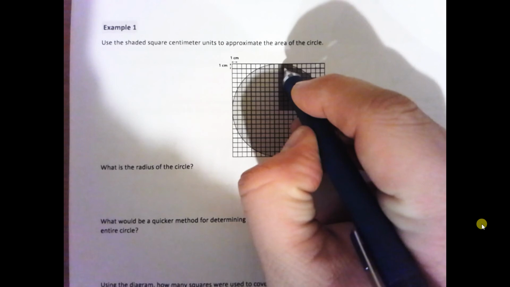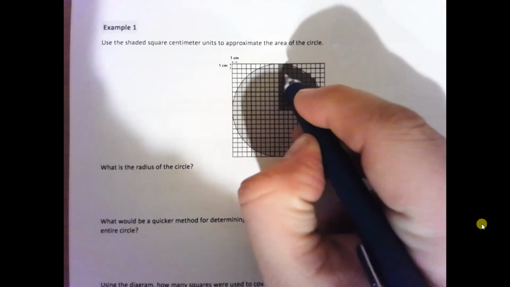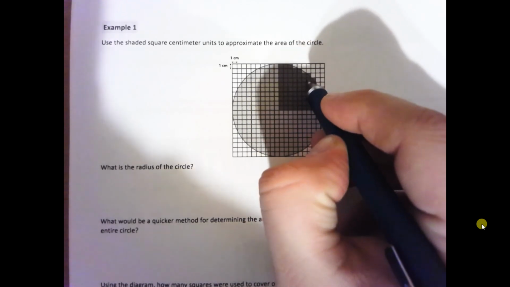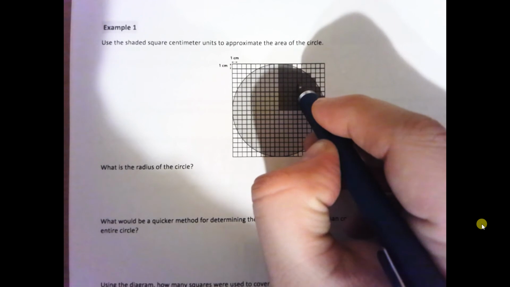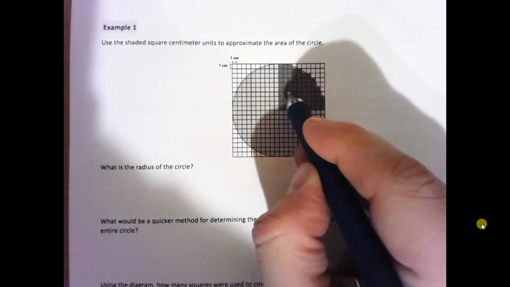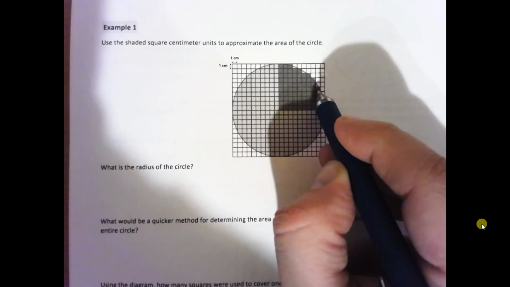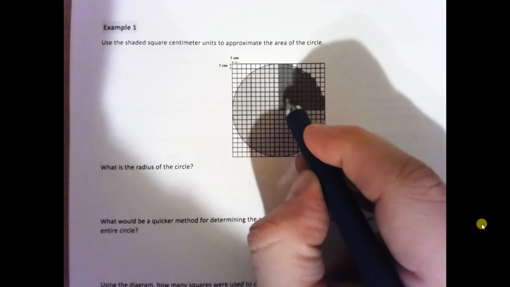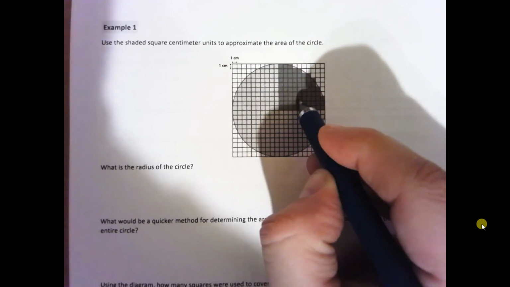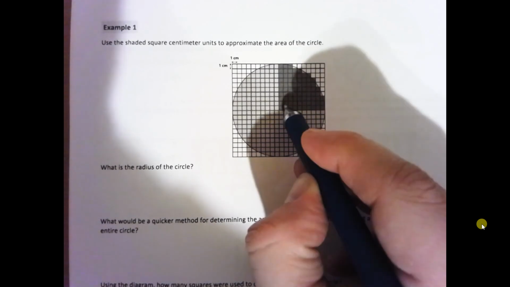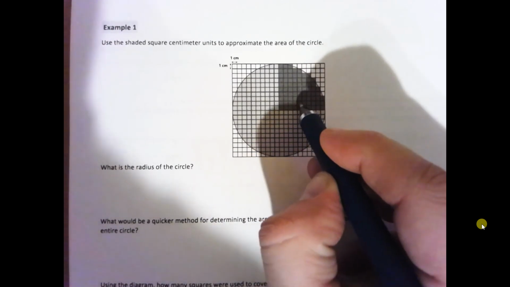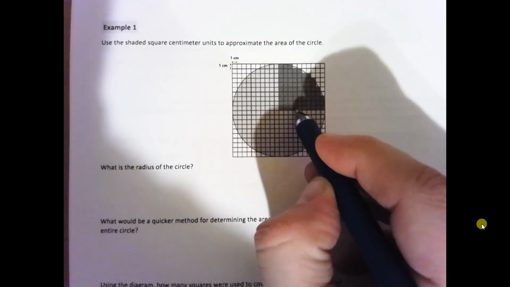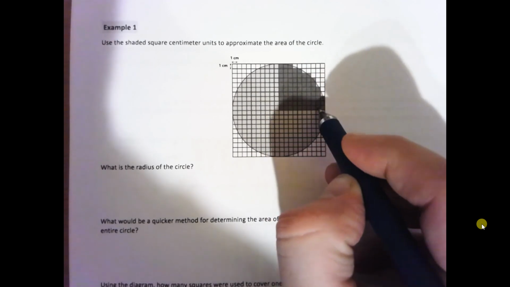I got 1, 2, 3, 4, 5, 6, 7, 8, 9, 10, up through 79.